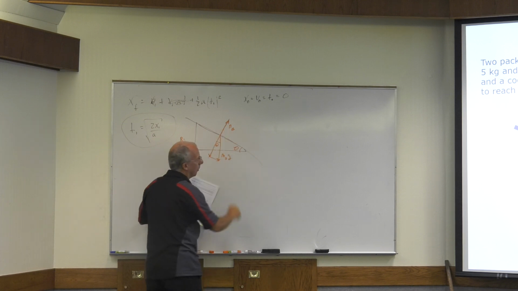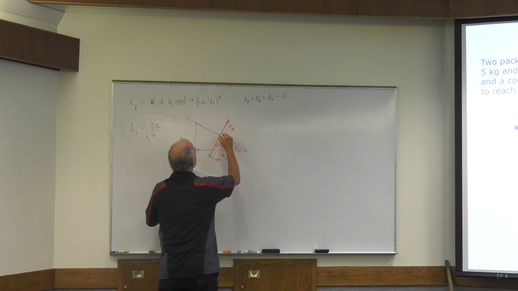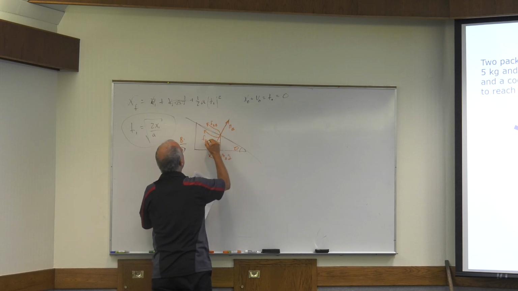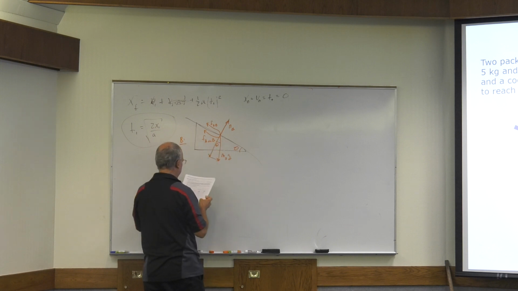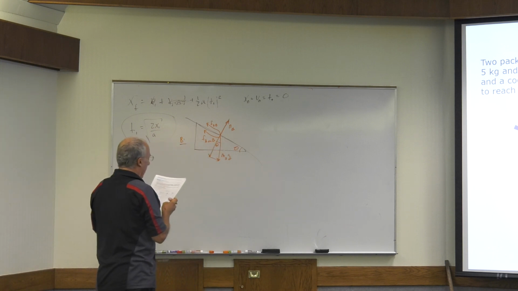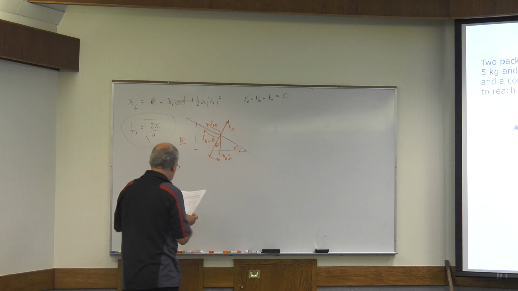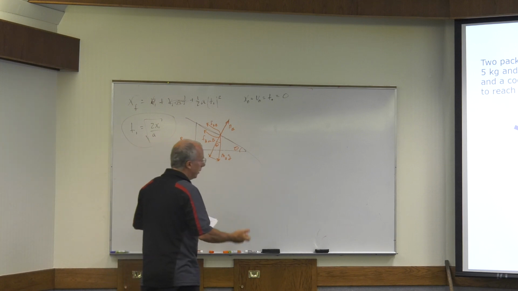We have two forces along the incline, so I'm going to draw them like that. We have f_kB and we have F_A on B. That's it, right?